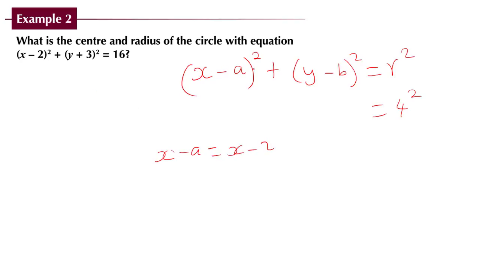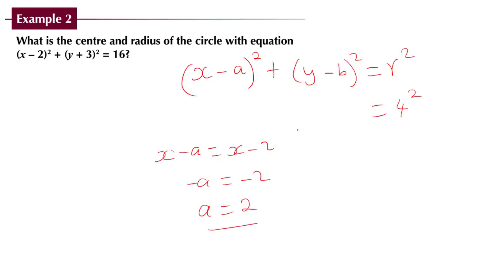So this x minus a here, in the general formula, is equal to x minus 2. Now I've got x both sides, so you can just subtract. If you subtract x both sides, you are left with -2 and -a. We want what a is, so all you need to do is times both sides by -1. If you times this by -1, it makes a. What you do to the left, you have to do to the right, so that becomes 2 as well. So a is going to be 2.